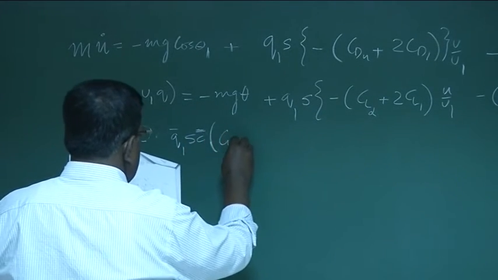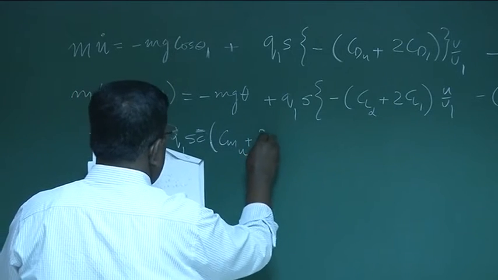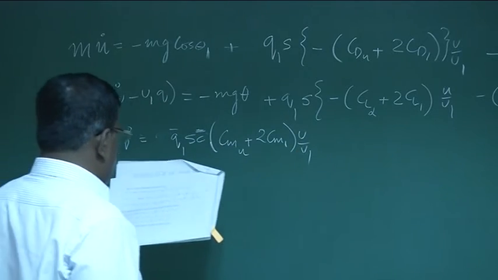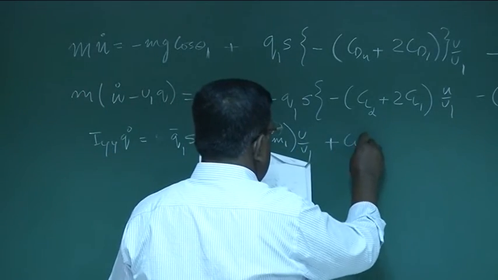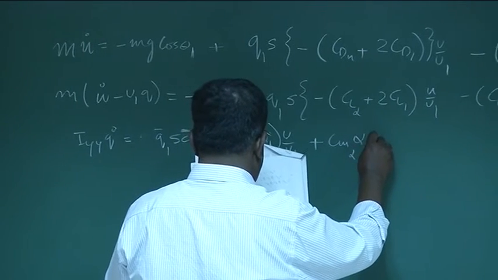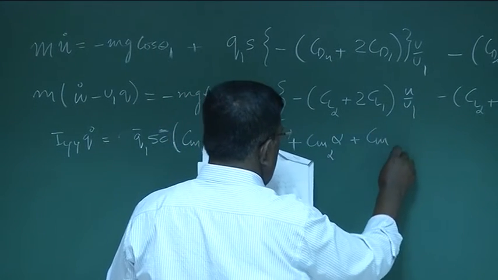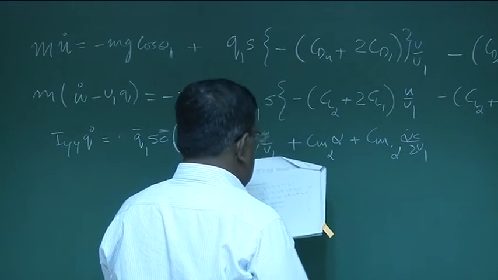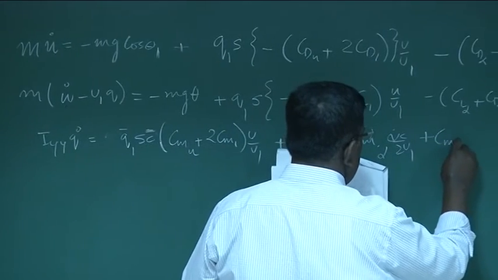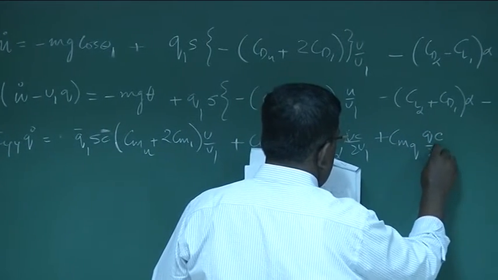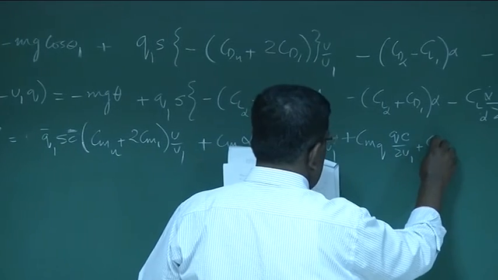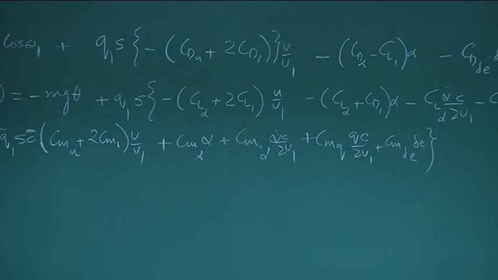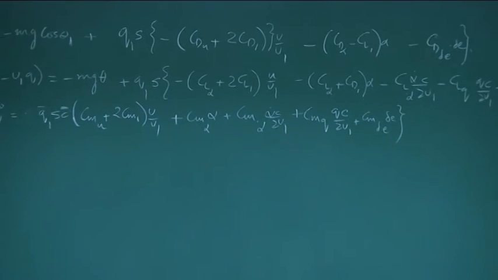The Cmu, we realize Cm is a very important derivative, especially for the supersonic case, and then plus Cm alpha into alpha plus Cm alpha dot into alpha dot c by 2u1, then Cmq into q c by 2u1 plus Cm delta e into delta e. Okay?